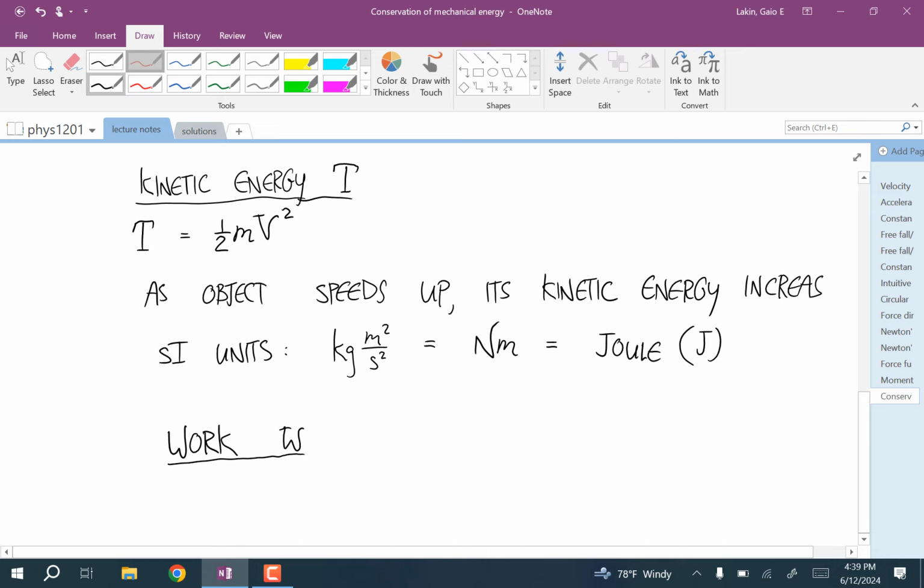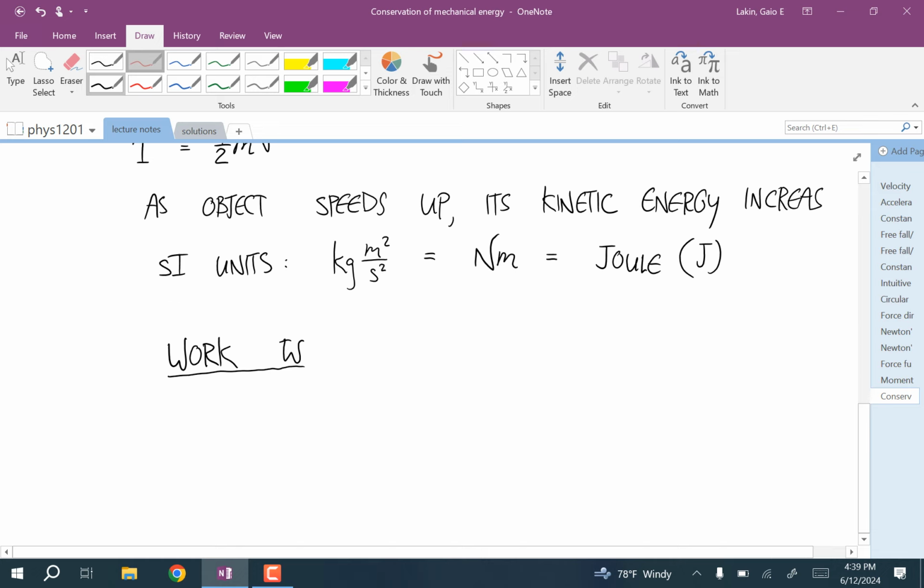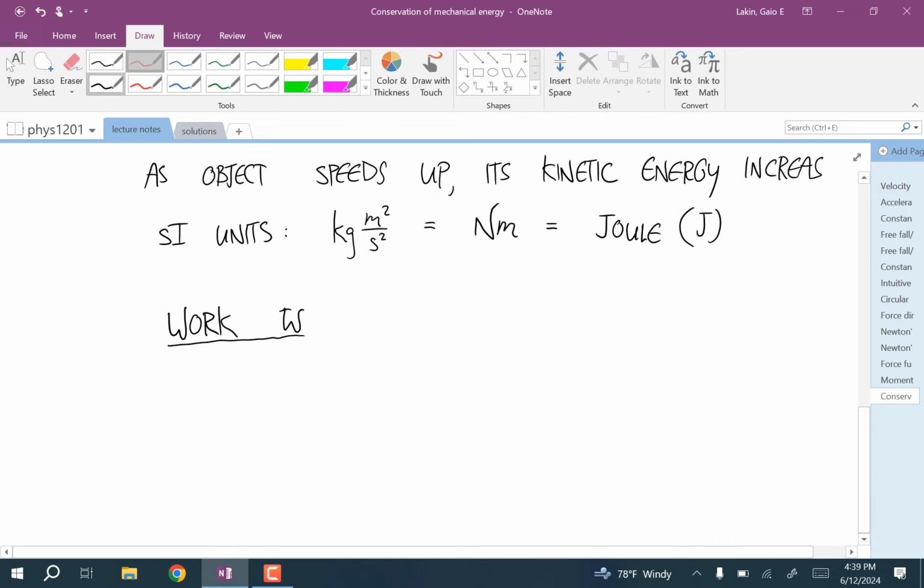Work is not an amount of energy that an object has. It represents a change in energy. So work is a change in energy caused by the application of a force.